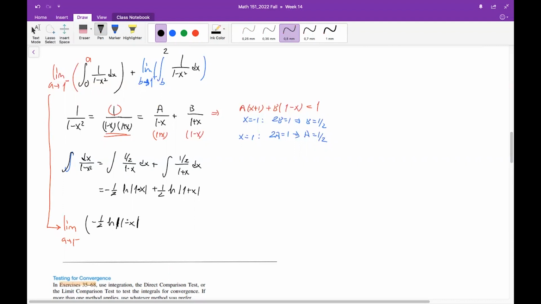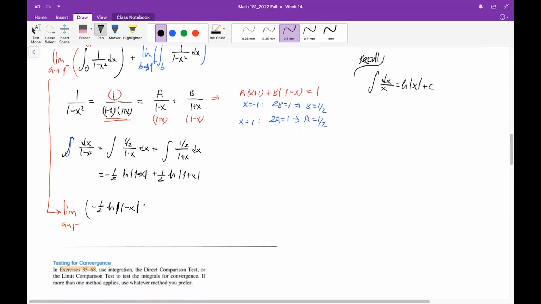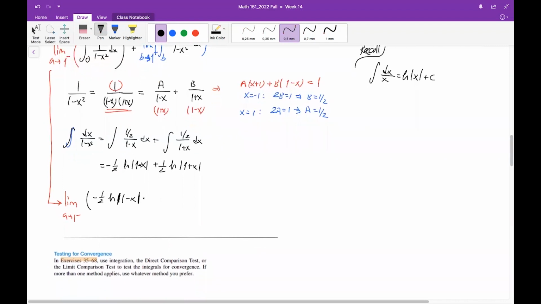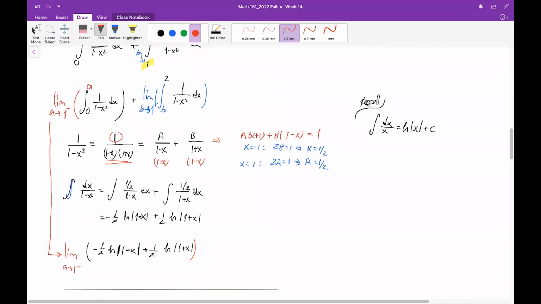The integral of dx over x is ln of the absolute value of x, as you remember. Okay, so I am directly inserting the result of the integration inside the limits. This is one part of the limit. There is also a similar limit for the second part, right? So the limit b goes to 1 from right. I will insert the same thing.